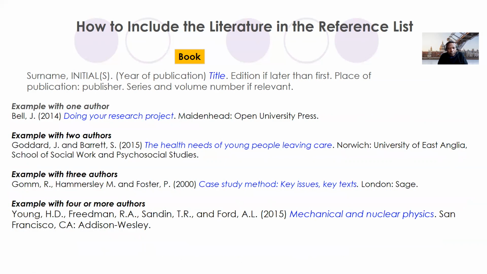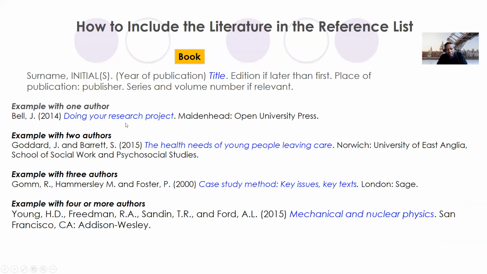When it is a book, we have the surname, then initials of the other names, the year of publication, title of the book, edition if later than the first, place of publication, and then publisher. Series volume number if relevant. Now take note of this. The first example is Bell, a surname, then J as the initial, 2014.